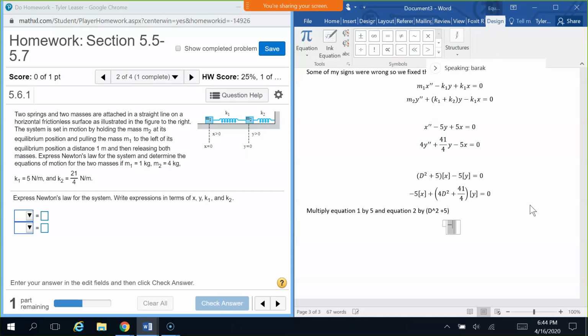So now equation 1 is going to be 5 times d squared plus 5 acting on x, minus 25 acting on y. The second equation is going to be kind of awful looking for a little bit: negative 5 times d squared plus 5 acting on x, plus d squared plus 5 times 4d squared plus 41/4 acting on the y, equals 0.